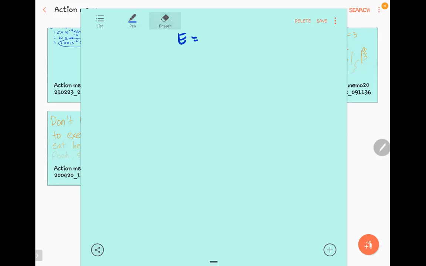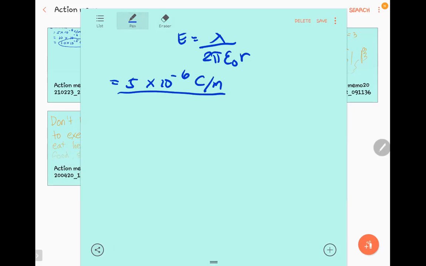It must be the linear density over 2 pi constant R, okay? So what was the value of our linear density earlier? We have 5 by 10 raised to negative 6 coulomb per meter all over 2 pi constant, which is 8.85 by 10 raised to negative 12 coulomb squared over Newton meter squared. Okay, multiplied by the radius.